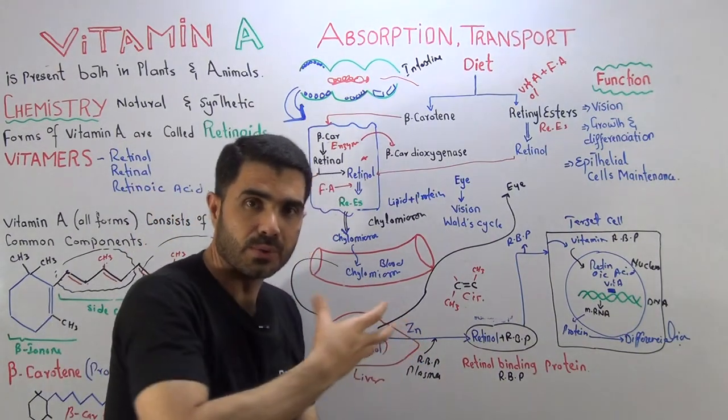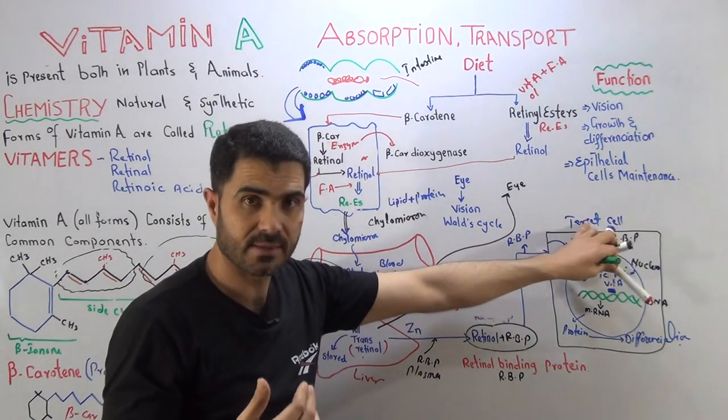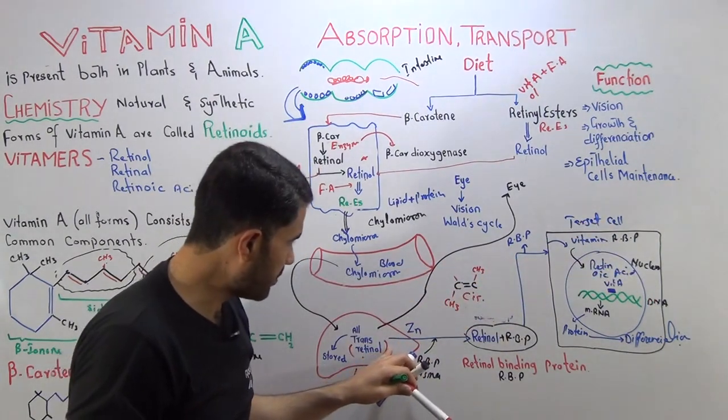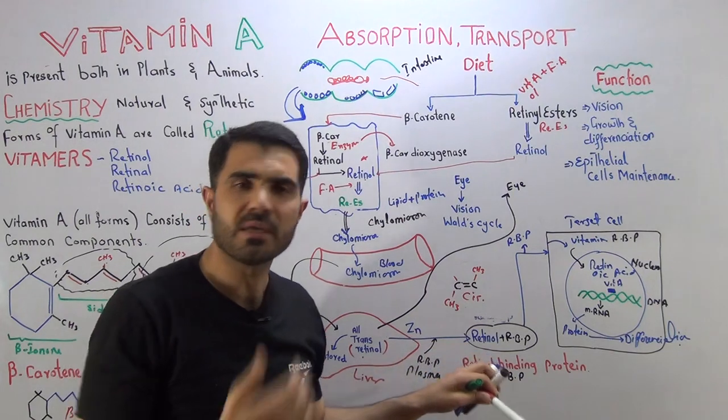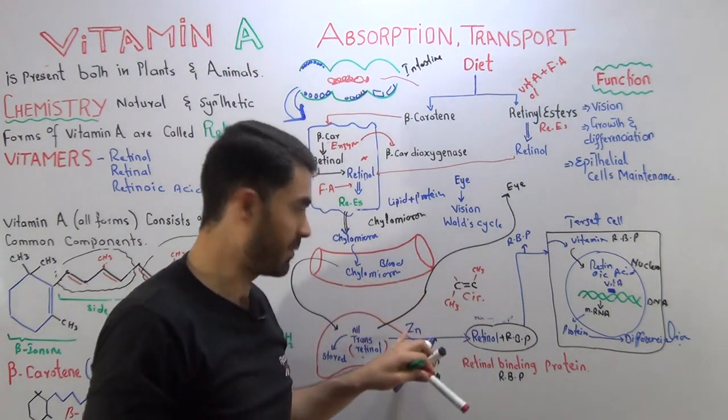Now we need to take vitamin A from the liver and it will go to the target cell. From the liver, vitamin A can be mobilized, means detached, with the help of zinc.